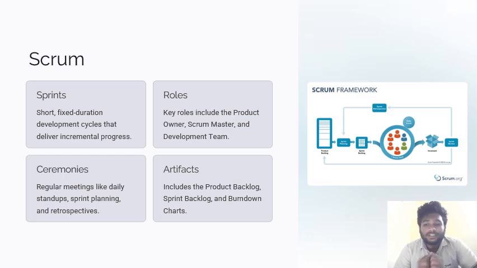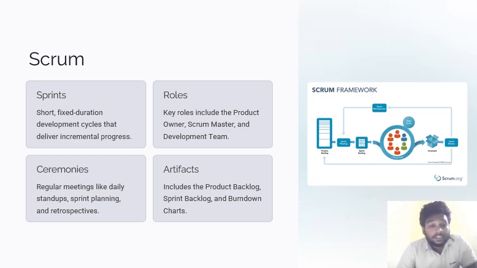Now let us see what Scrum is. In Scrum, we can see four elements: sprints, roles, ceremonies, and artifacts. Sprints are short, fixed duration development cycles that deliver incremental progress. Roles include the product owner, Scrum Master and development team.